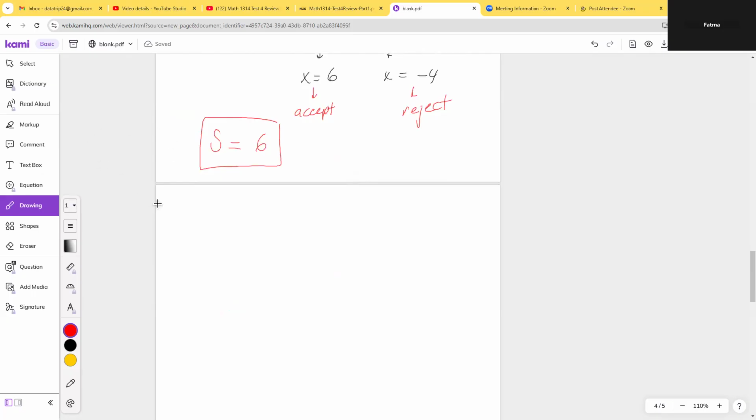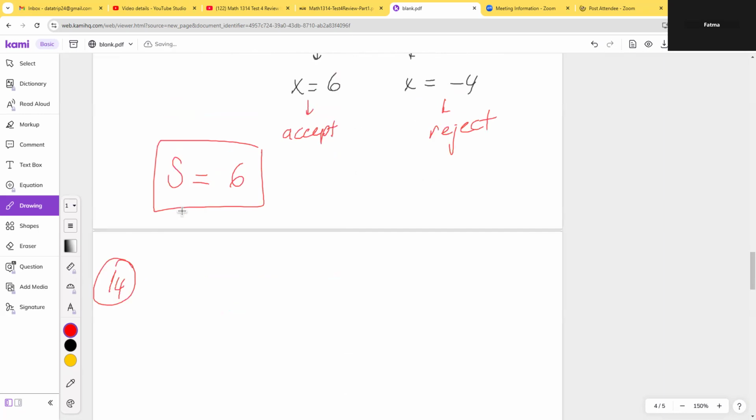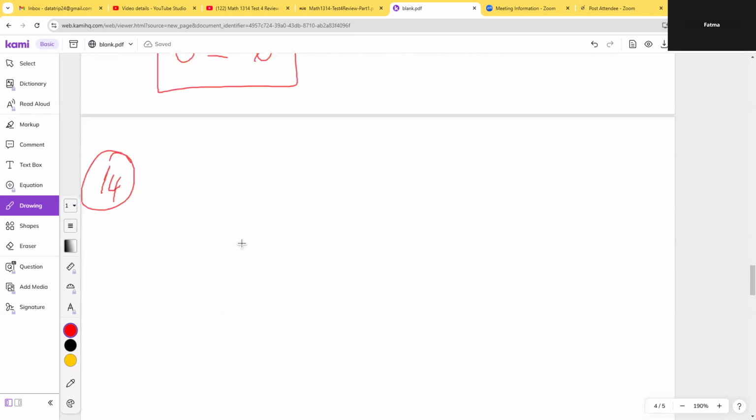Okay, question 14 is a fun one from the test. And this is something you have seen before, so it's just going to be a repeat. We're going to write this as a sum or difference of logarithms. So log base 5, parentheses, the top is x to the 7th power times 5th root of a, and the bottom is just b.